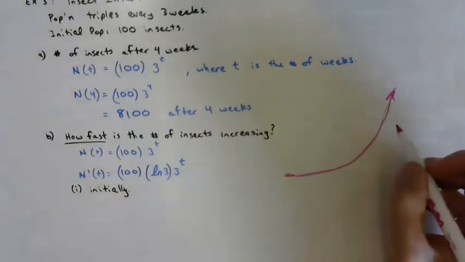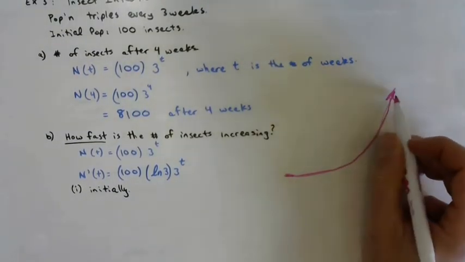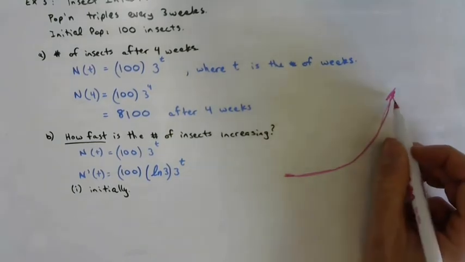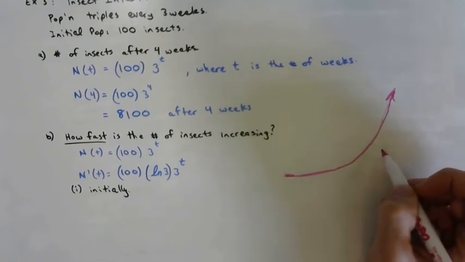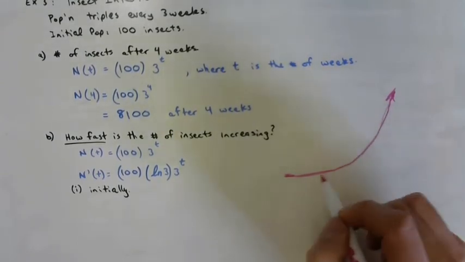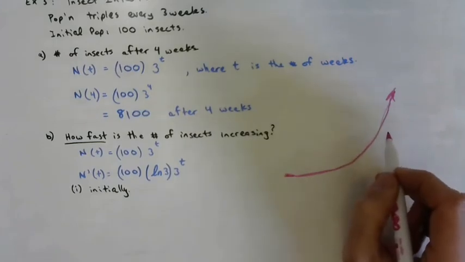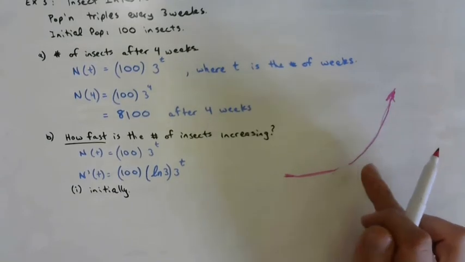How can we know that? Well, the rate of change is the slope. The slope of this is increasing over time, so the rate of change is increasing. And the derivative of an exponential function is another exponential function. So the rate of change of that will be increasing, and every derivative will have a similar characteristic in that it will always be increasing.